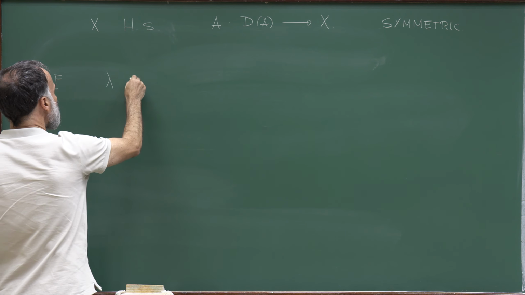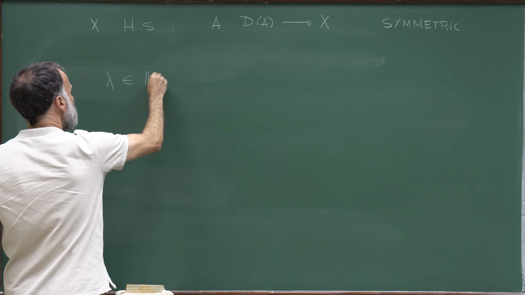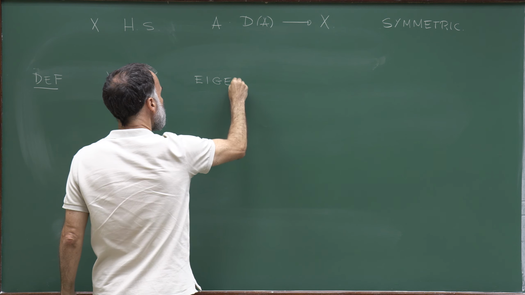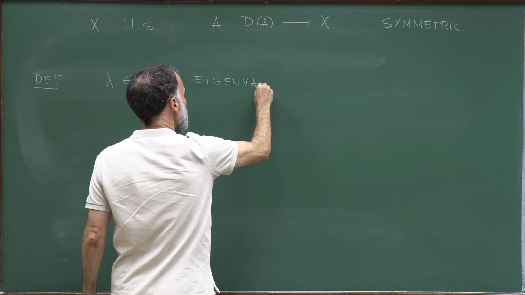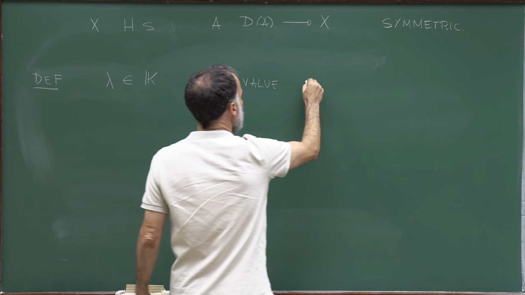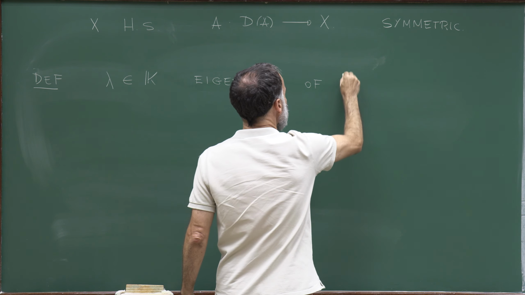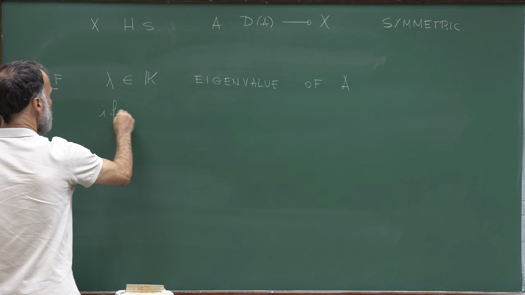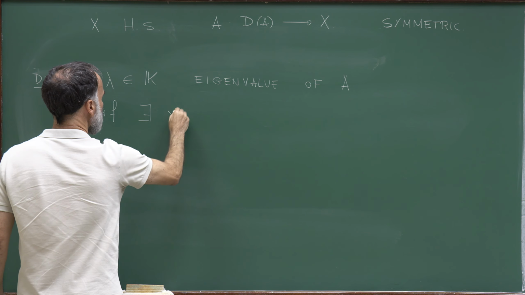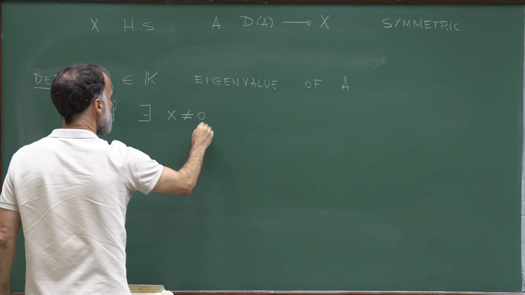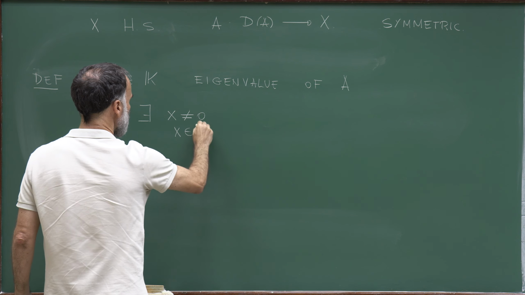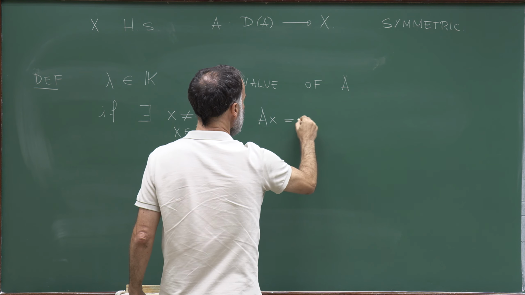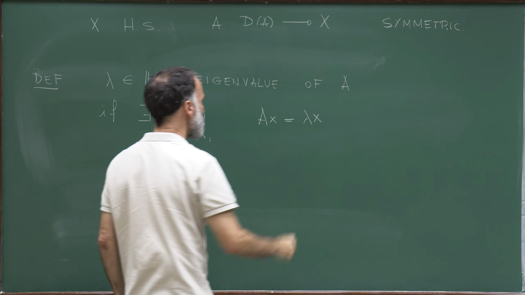So I will say that lambda in K is an eigenvalue of A if there exists x different from 0 in X, such that A of x is equal to lambda times x.